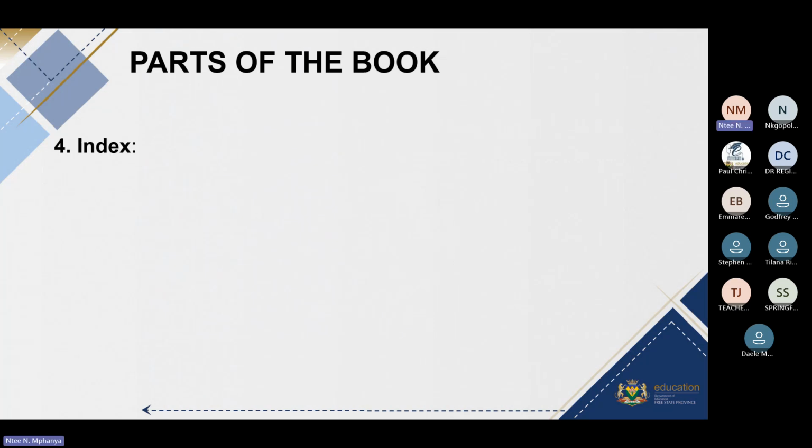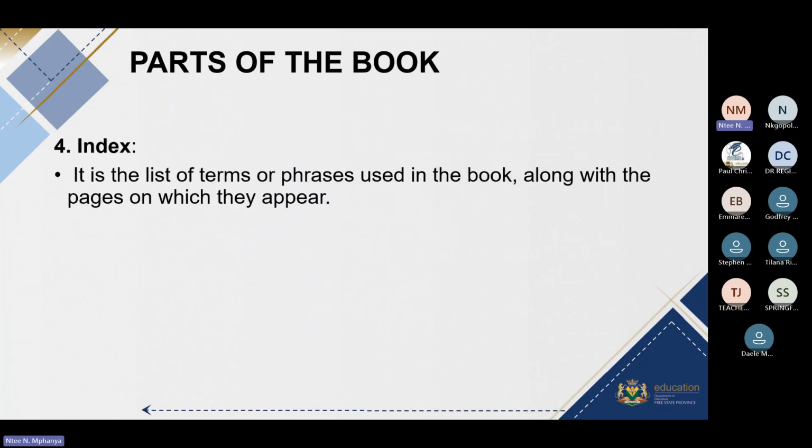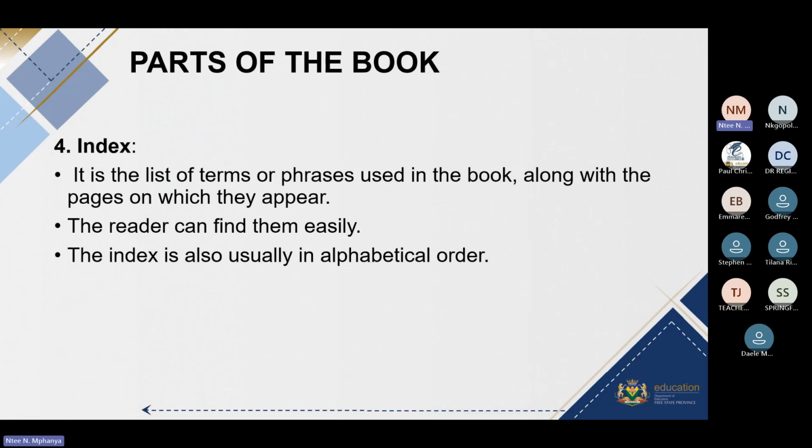Then we have an index. It is the list of terms or phrases used in the book, along with the pages on which they appear. This will help the reader to find information very easily. The index is also usually in alphabetical order.